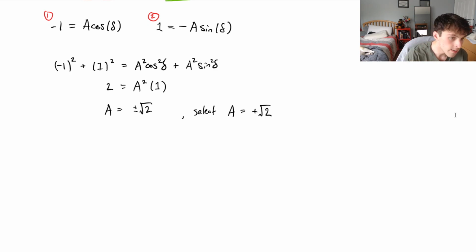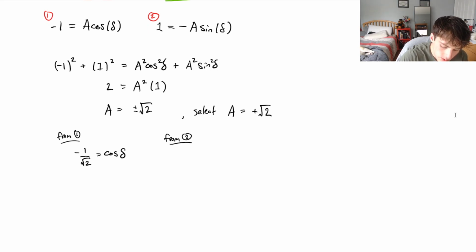That's totally fine. Now let's plug this into equation 1 and equation 2. Well, you'll see that from equation 1 we have -1 divided by square root of 2 is equal to cosine of delta. And I'll write here from equation 1.